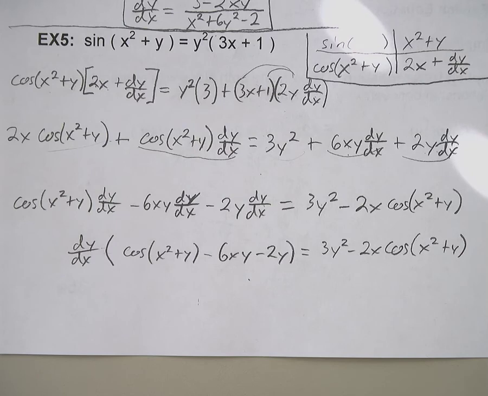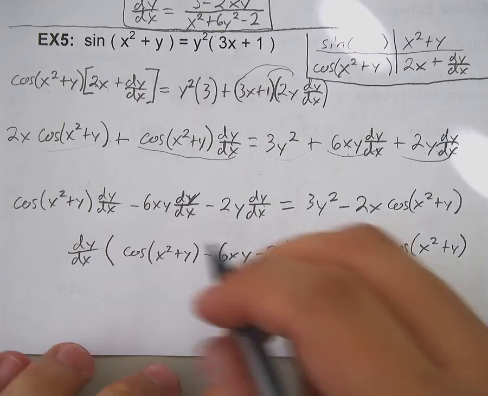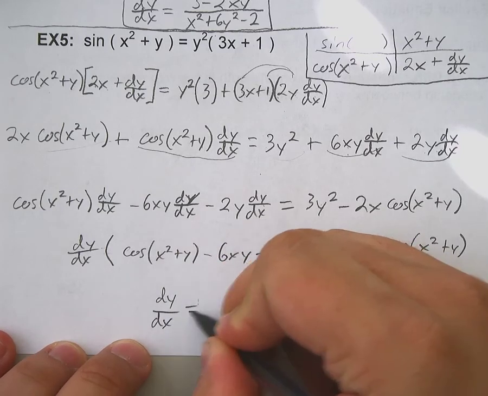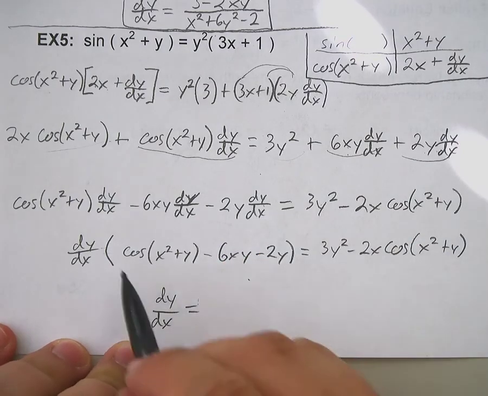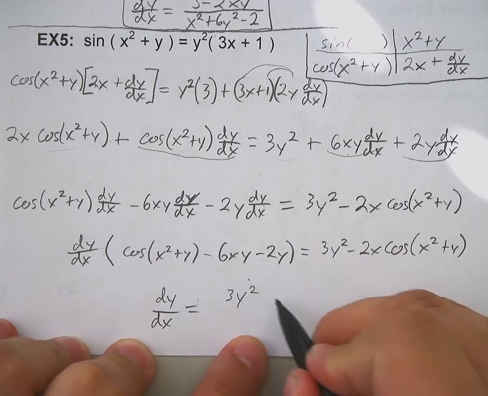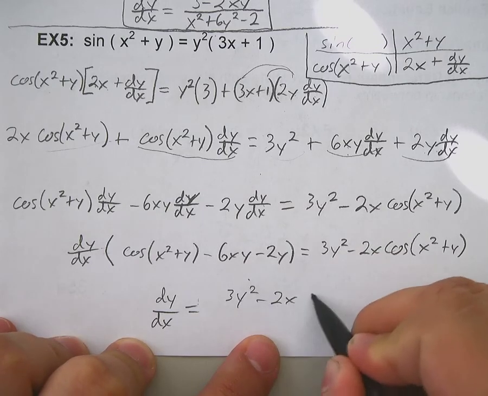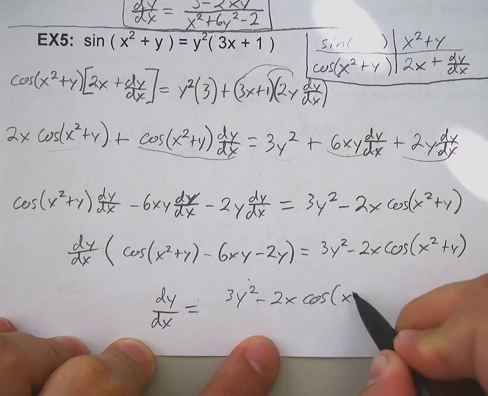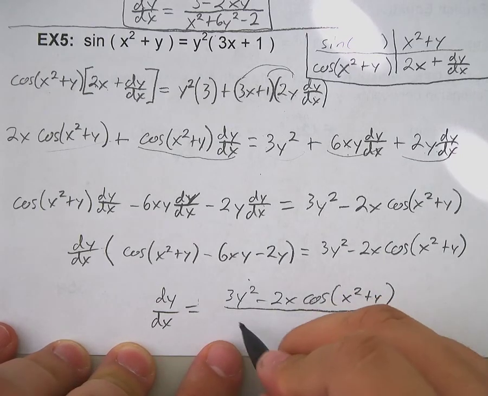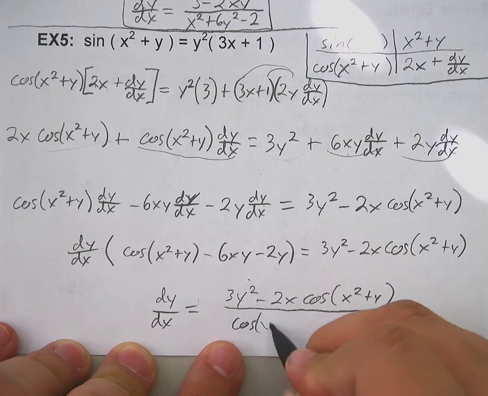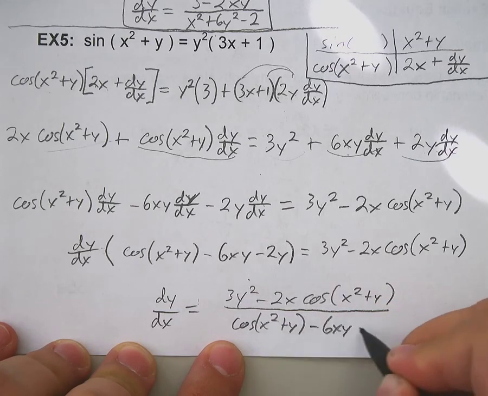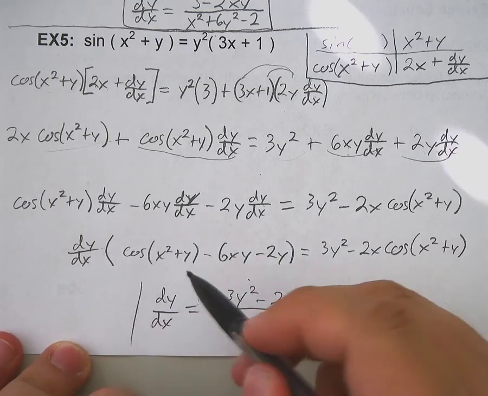My last step, and I'm done. Dy dx is equal to all of this divided by all of this. 3y squared minus 2x cosine x squared plus y all over cosine x squared plus y minus 6xy minus 2y.